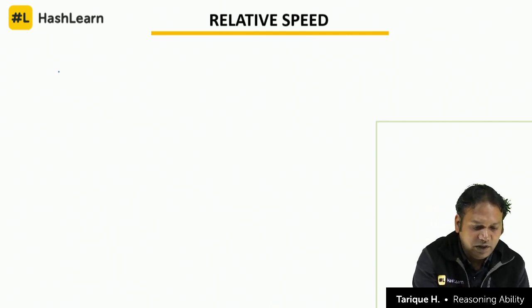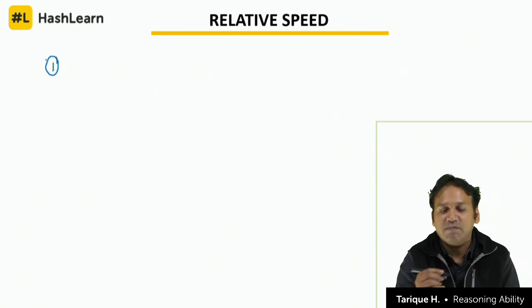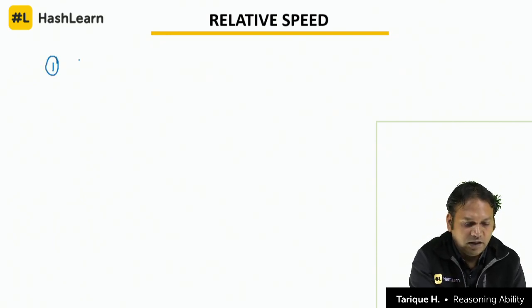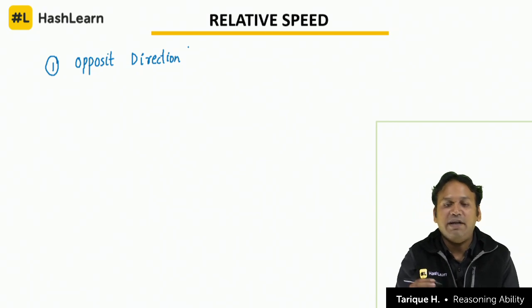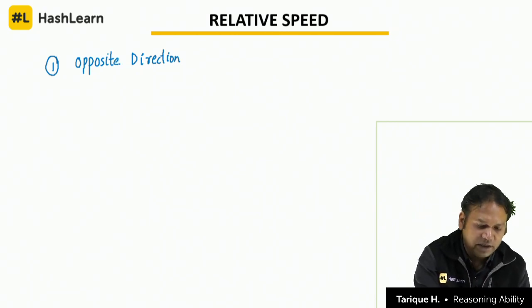There are two main things that we have to understand. When two objects are moving, the first case is when they are moving in the opposite direction, and the second case is when the objects are moving in the same direction. So there are two possibilities. Objects are traveling in the opposite direction.